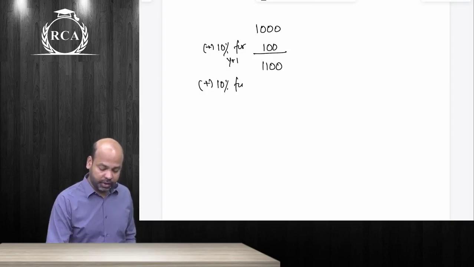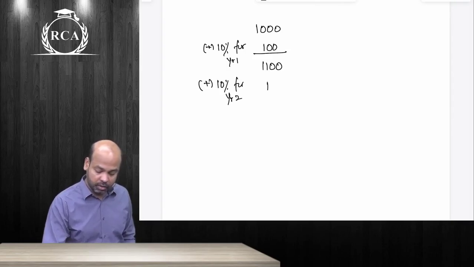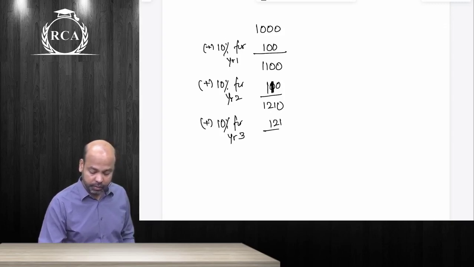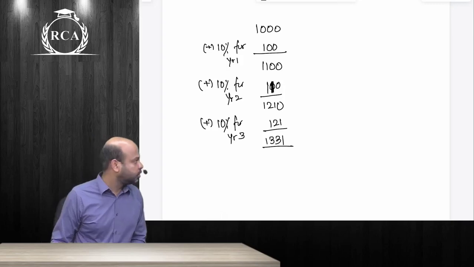Interest for the second year will be 110, so that will be 1210. And interest for the third year would be 121. You will have a balance of 1331.